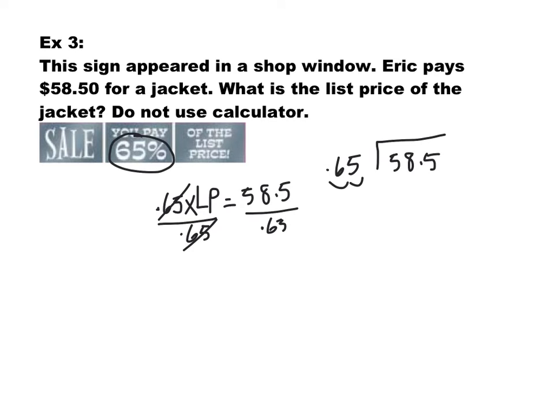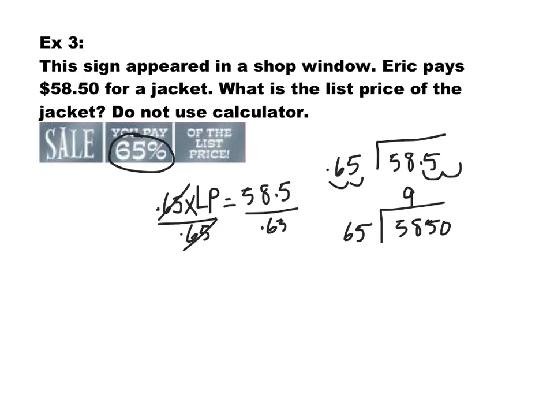Again, 2 decimal to the right, so I need 2 decimal to the right. So I get 5850 divided by 65. Again, I take the first 3 digits, 585 divided by 65. I get 9.